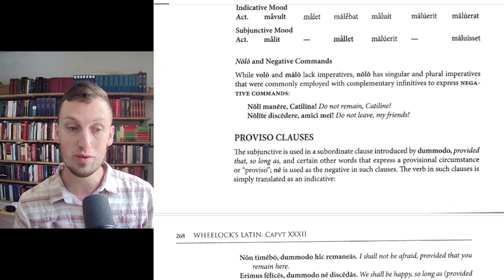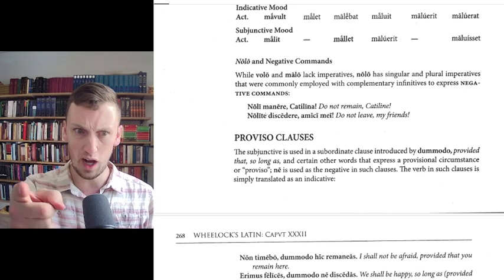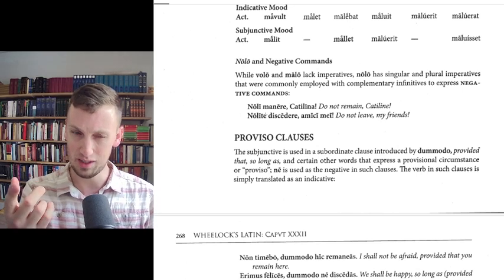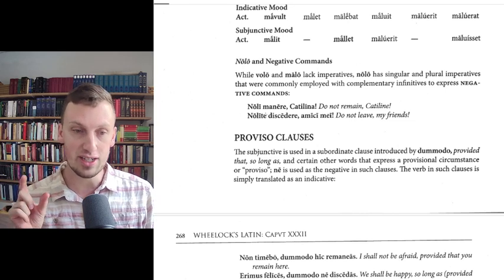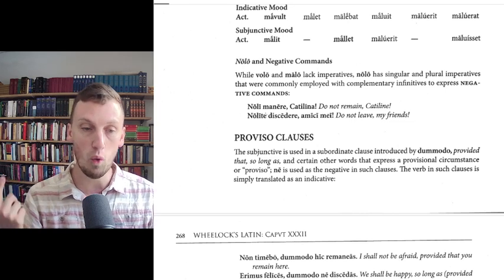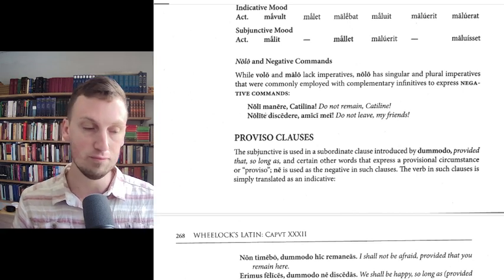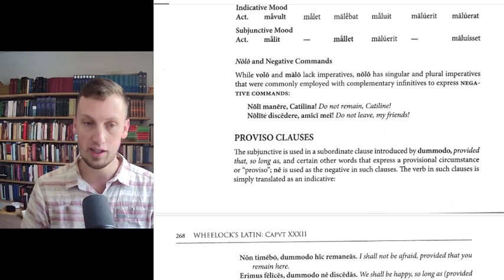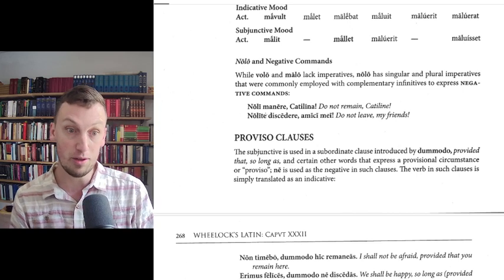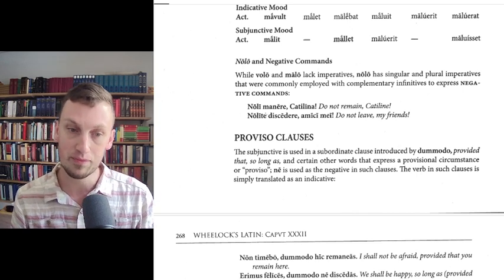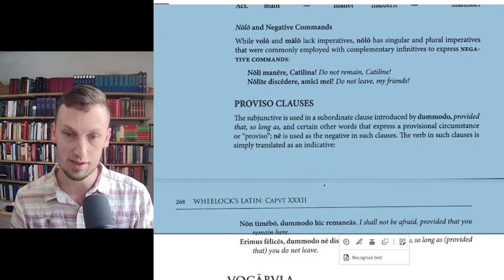Instead, you use the imperative of noli, which doesn't really make sense. It'd be something like don't want. That doesn't really work. But nevertheless, you use the imperative of noli and attach it to the infinitive of the verb you want to negatively command. So if you want to tell someone not to walk, you say noli ambulare, right? If you want to tell multiple people, it'd be nolite ambulare. Important little paragraph here to make sure you don't skip.